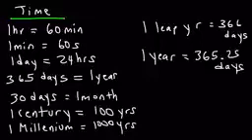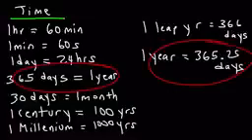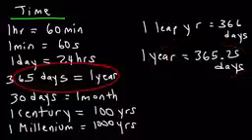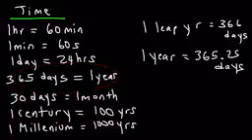Some problems may require that you use the 0.25 days, others may not, so you need to use your judgment whether you're going to use this conversion factor or that one. Either way, the answer shouldn't be that much different regardless of the two that you choose to use. But just keep in mind that small difference. For some problems, it may be significant.